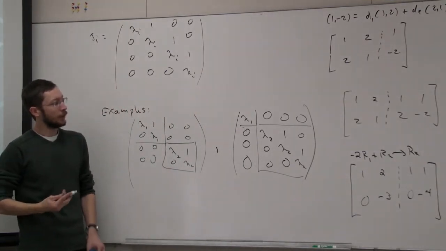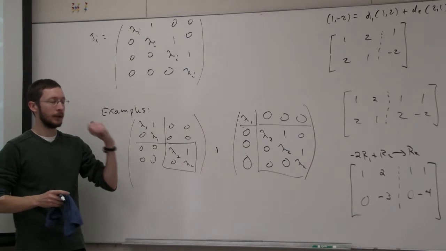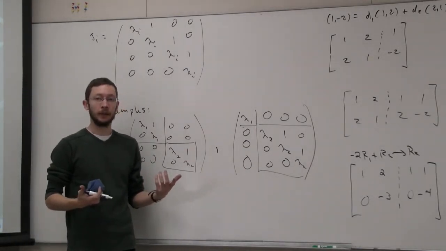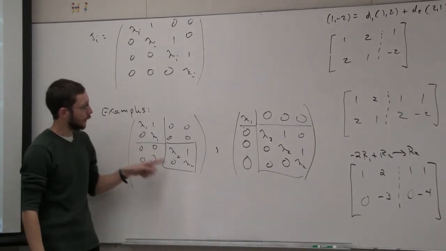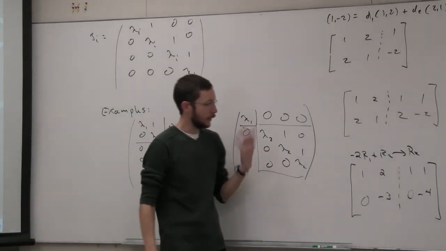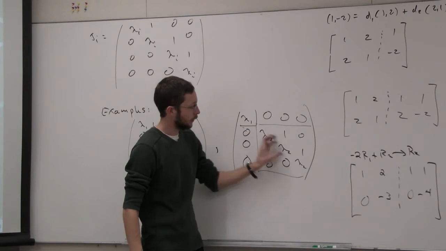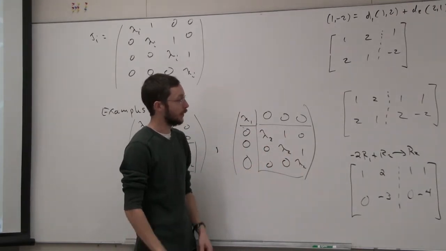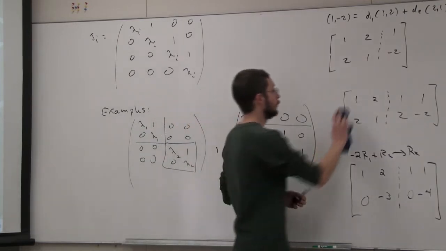And as I mentioned earlier in the course, anytime you have a diagonal matrix, that's in Jordan form, because all those eigenvalues just appear as their own little Jordan blocks. So diagonal matrices are very much in Jordan normal form as well.